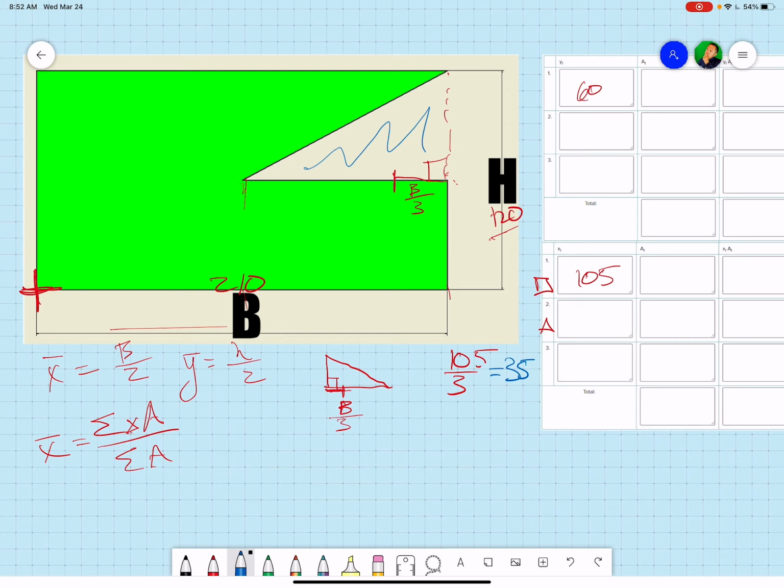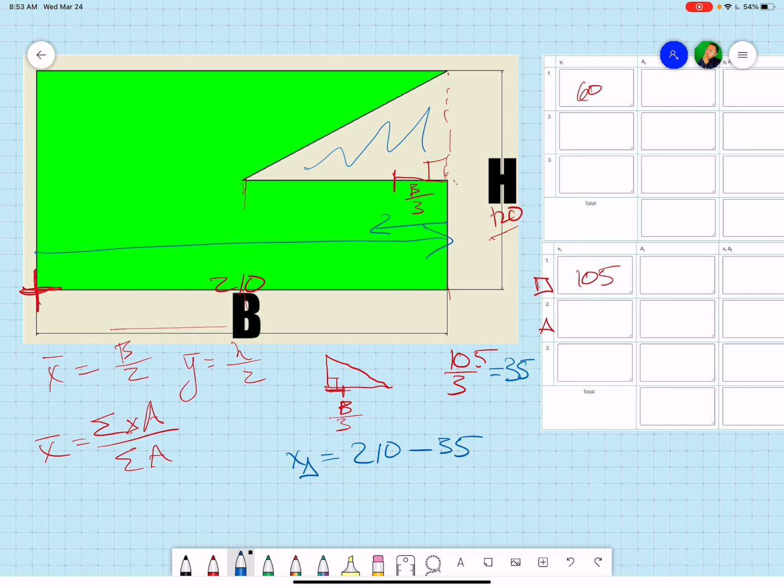Okay, so our centroid location will be, so the x for the triangle is going to go out this far, 210, but then come back 35. So it is going to be 210 minus 35.